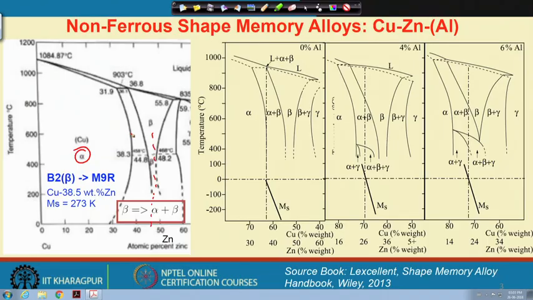So, we have to develop alloys which contain beta, but to gain some extent of formability we need the help of alpha. This means that we need a two phase structure. Now, how to get a two phase structure here? This is a domain where alpha plus beta will form. So, I simply take this region and show it here with 0% aluminum.